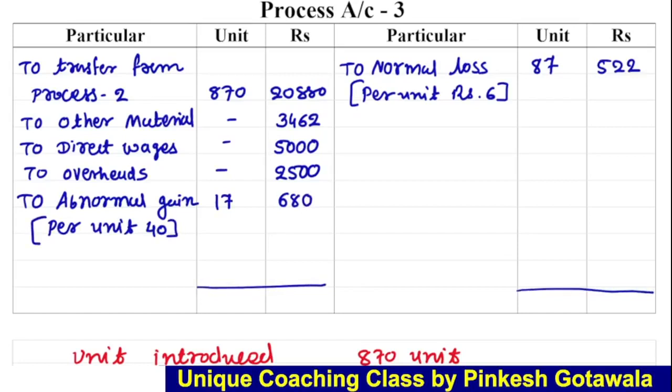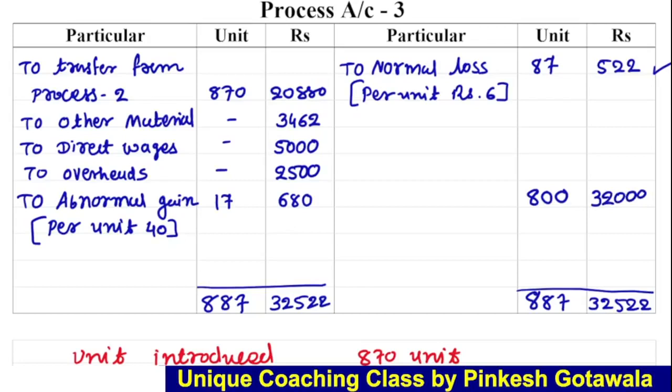Here 887 minus 87, so it will be 800, and 3462, 5000, 2500, 680. 32500, here 32500, and here 500, sorry, 522, the difference 32. And here the last process is over.